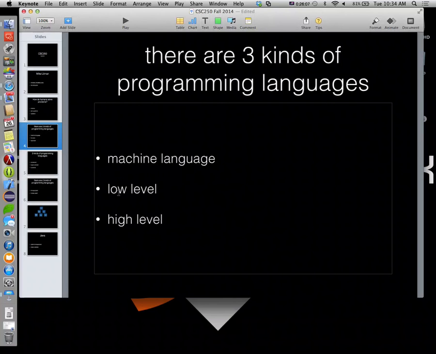A low-level language is actually a programming language, but it has a one-to-one relationship with the CPU. So when we think about our processor, our Intel processor inside of our computer, that guy is the brains of our computer. It has a whole list of magic tricks it knows how to accomplish. A low-level language tells the processor, do this magic trick followed by this magic trick followed by this magic trick, and poof, something awesome happens.